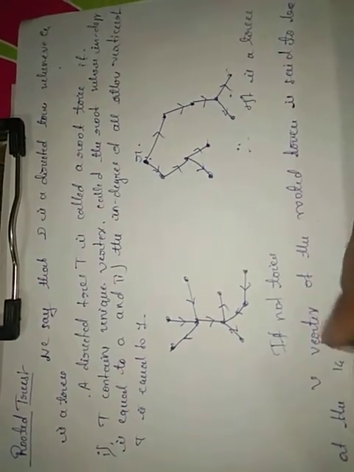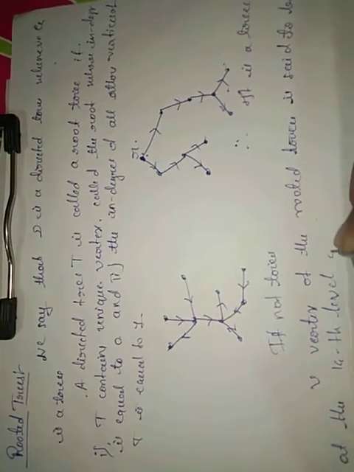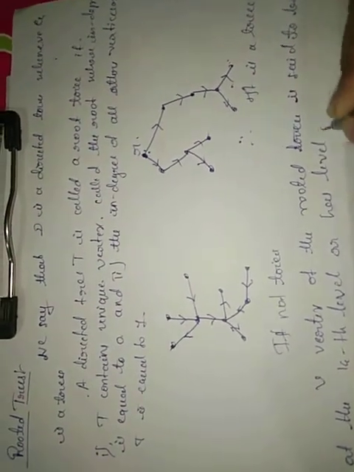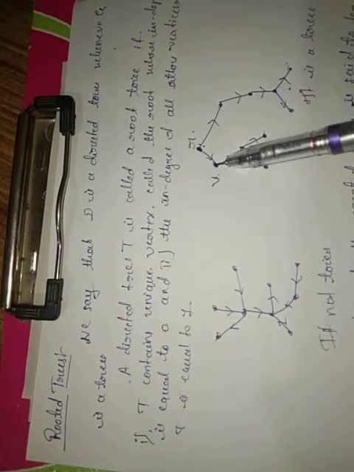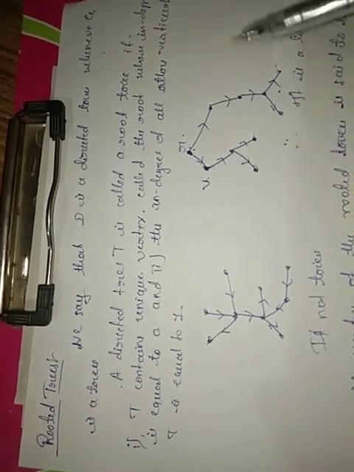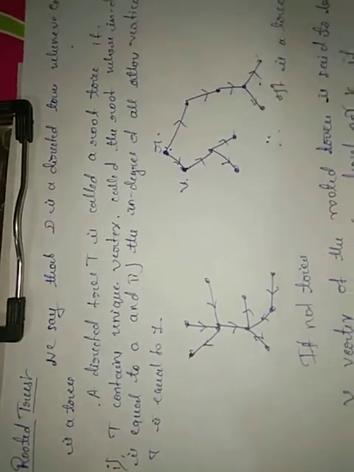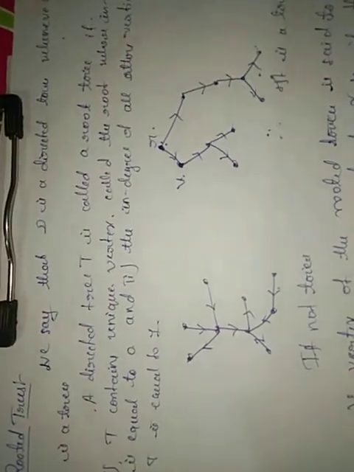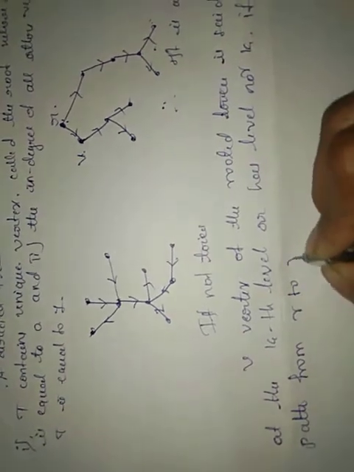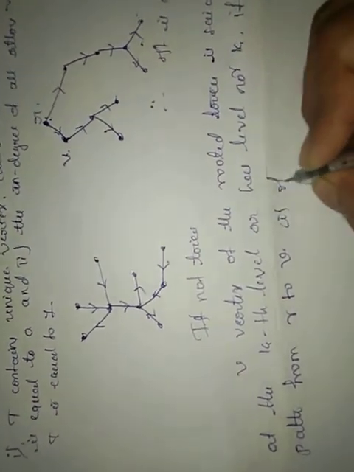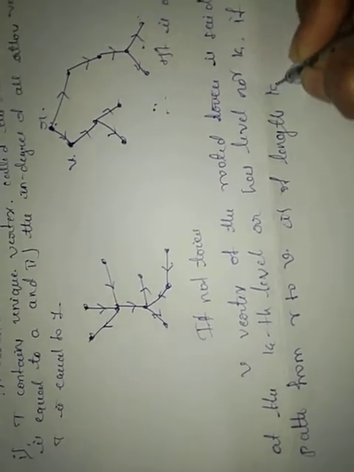A vertex V is said to be at the kth level, or has level number k, if the path from R to V is of length k.